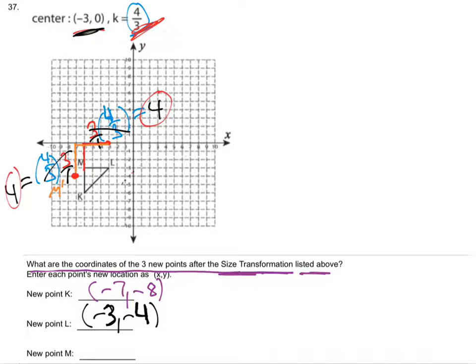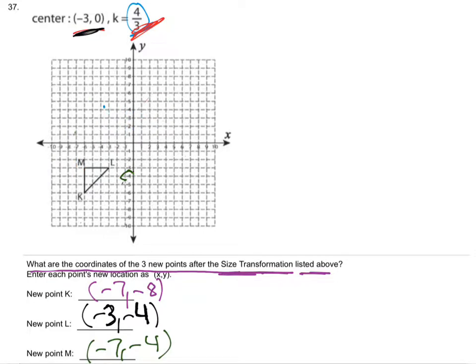Now, what are the coordinates of that point from the origin? Well, what's that look like? -7 and what's that? -4. -7, -4 is the new coordinates from the origin. Let's connect them up. So I'll try to put them all back in here now.